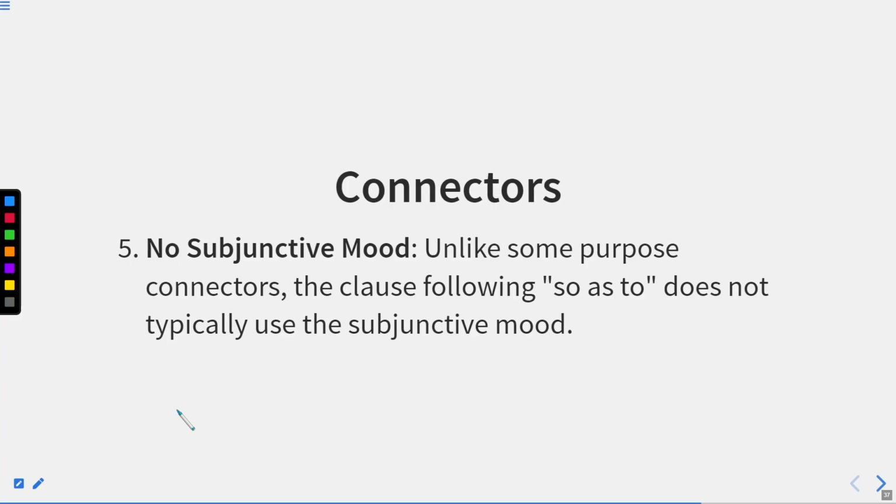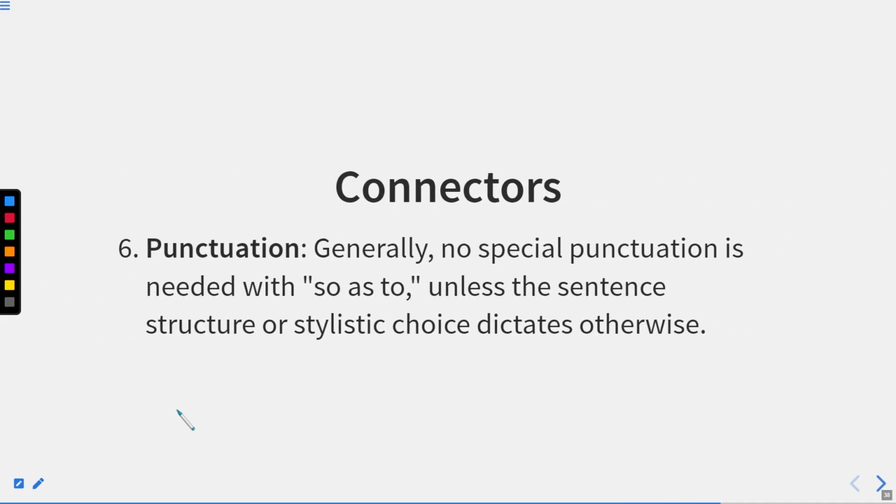No subjunctive mood: unlike some purpose connectors, the clause following so as to does not typically use the subjunctive mood. It means there is nothing mentioned before it that needs to be used. Punctuation: generally no special punctuation is needed with so as to, unless the sentence structure or stylistic choice dictates otherwise.